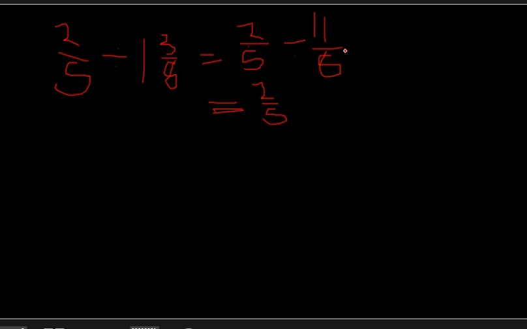Not only that, you change the sign to multiplication. So instead of 11 over 8, you write 8 over 11. Then you multiply. 2 multiplied by 8, you have 16, and 5 multiplied by 11, you have 55. So 16 over 55 is our answer.